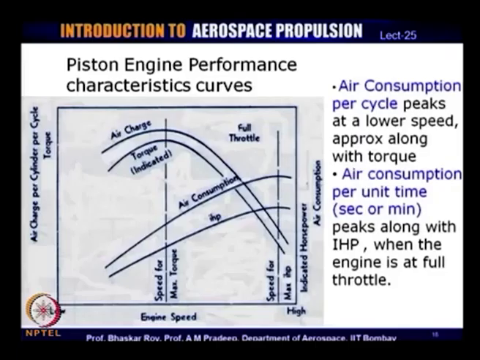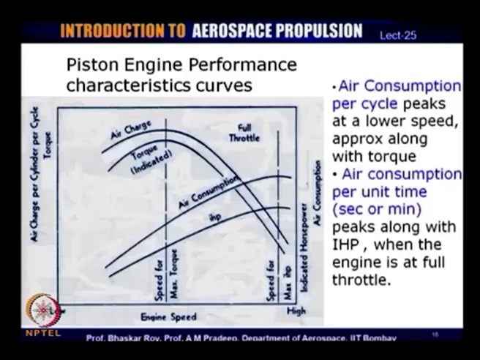As a result, IHP, the indicated horsepower, keeps going up and reaches a high value at high speed. On the other hand, the torque created peaks with the charge consumption per cycle, approximately around the same engine speed, though perhaps not exactly. As a result, high torque is often created at somewhat lower speed, but high power is created at high speed.